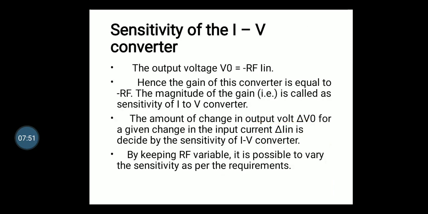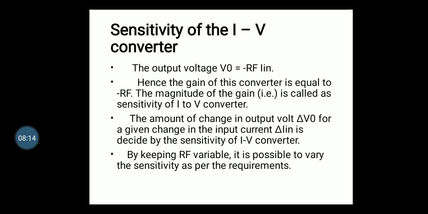Sensitivity of the I to V converter: the output voltage V0 = −RF IN. Hence the gain of this converter is −RF. The magnitude of gain is called the sensitivity of the I to V converter. The amount of change in output voltage for a given change in input current is decided by the sensitivity.